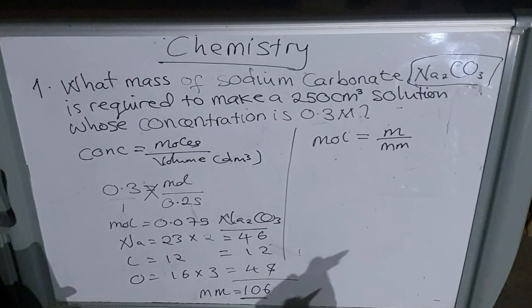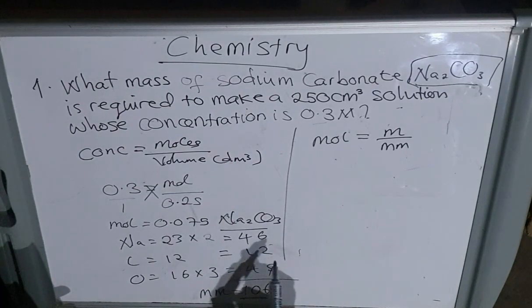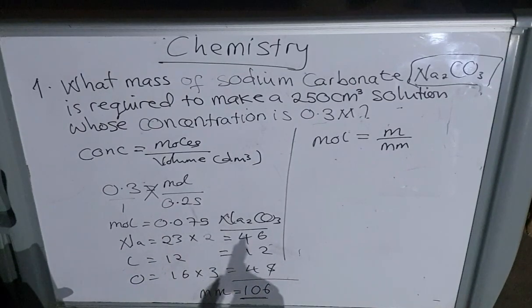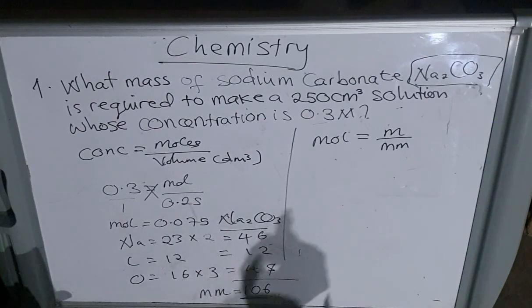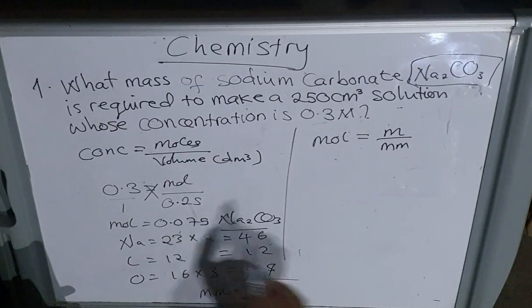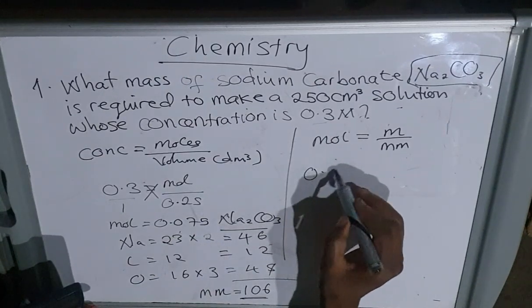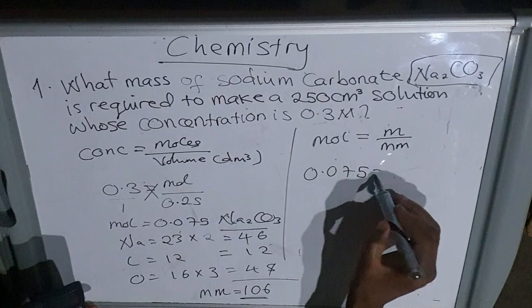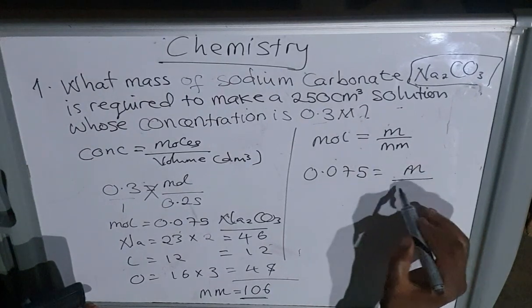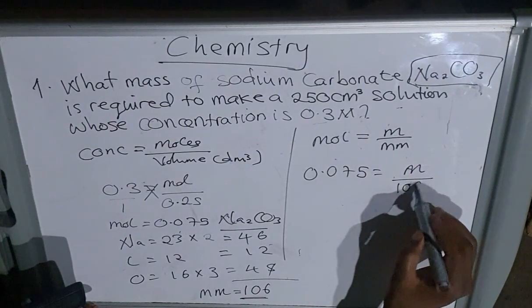So now we can find the mass of this sodium carbonate. The number of moles, remember, we have found it to be 0.075. So where there is moles, we are putting the 0.075. So we have 0.075 is equal to mass, what we are looking for, over the molar mass, which is 106.